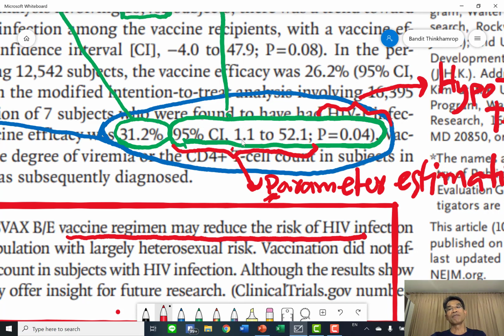So if we imagine some vaccine can prevent about 1%, we will not take that vaccine for sure, because it's less useful. But if that vaccine can prevent about 52%, it is probably good. For example, HIV is a very serious disease, so we may take it.